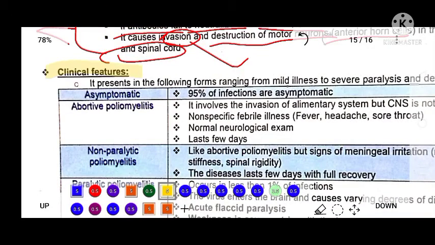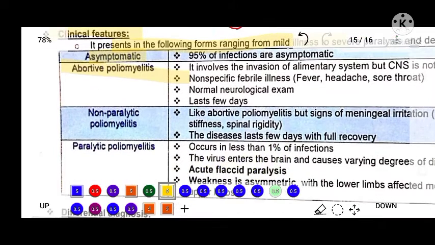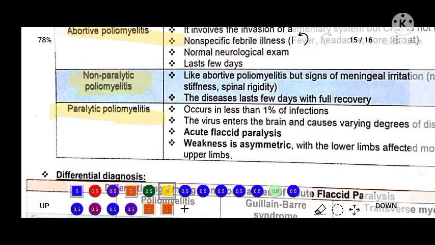So the clinical features for this disease, polio, are, first of all, the patient is asymptomatic, then abortive poliomyelitis develops, then non-paralytic poliomyelitis, and then paralytic poliomyelitis occurs.